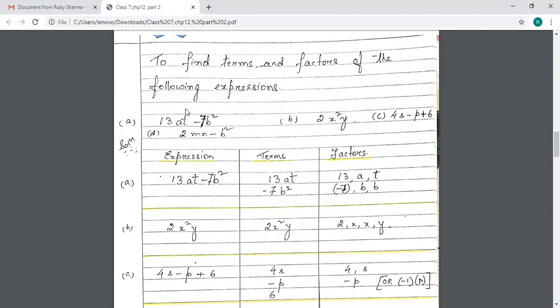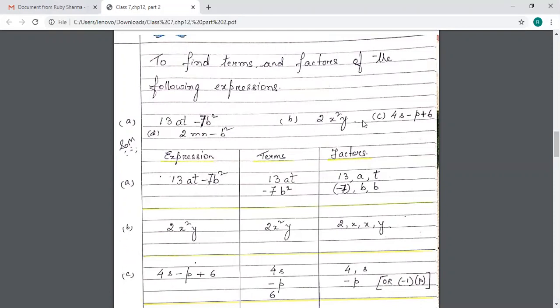Now here we have 13a minus 7b square. So there are two terms here. One is 13a and one is minus 7b square. Minus 7b square, the minus sign is attached to this part. So for your convenience, I've made 3 columns: expression, terms and factors. Then I've written all the expressions on one side.